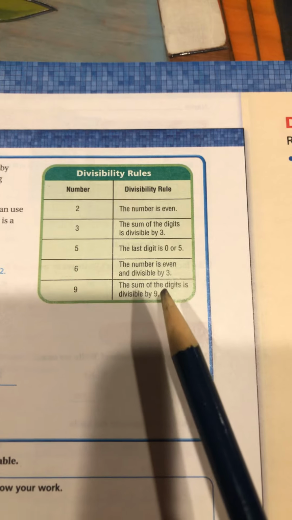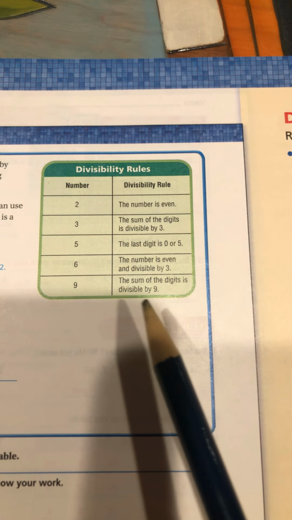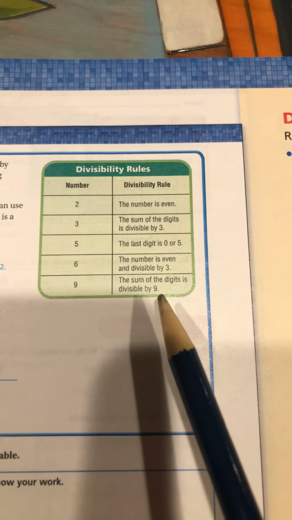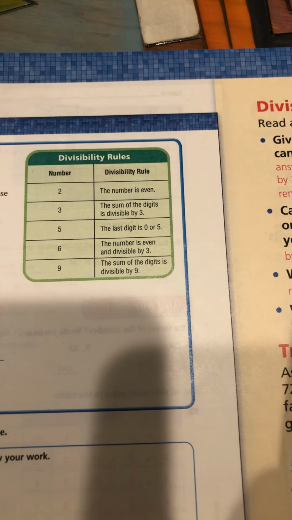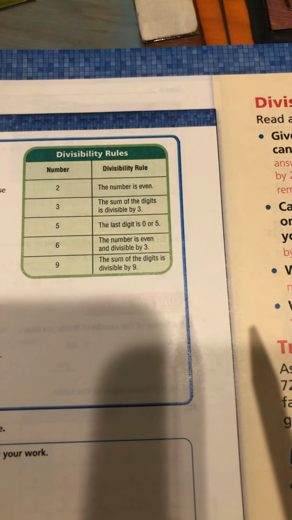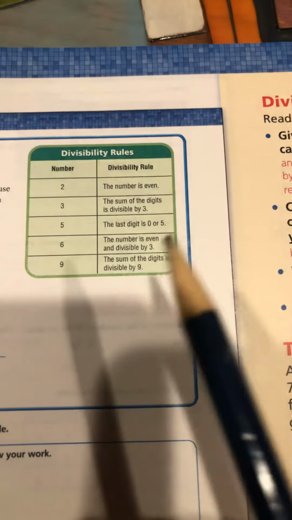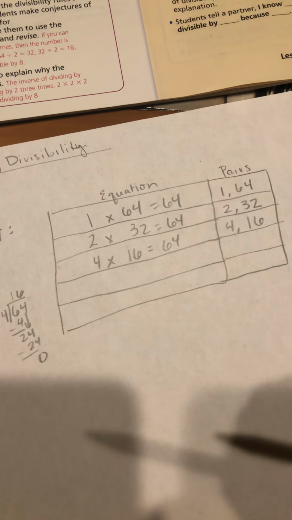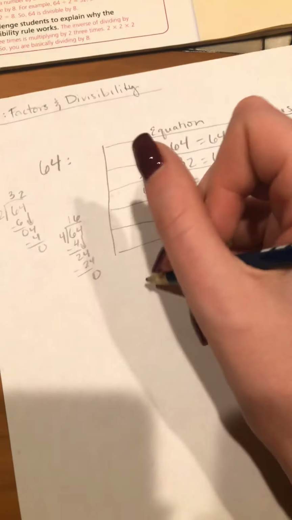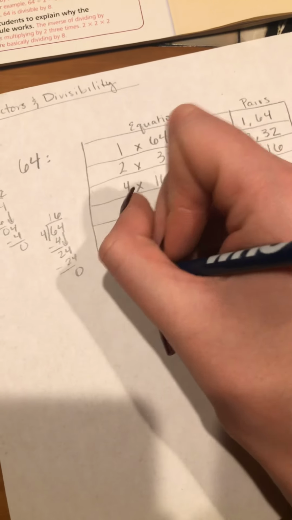The last divisibility rule is that if the sum of the digits is divisible by 9, it means that 9 is a factor. So when I say 6 plus 4 equals 10, is 10 divisible by 9? No. So I know that 9 cannot be a factor. Now I would work the rest of the way through, so I did not do 7 or 8, so I'm going to do 64 divided by 7.